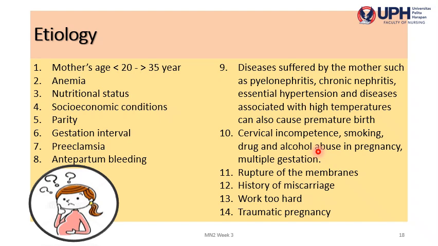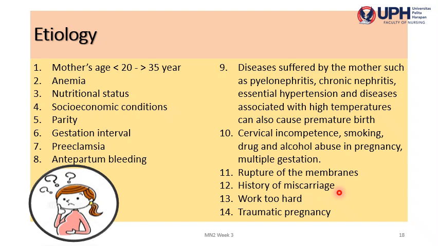Because of the multiple gestation, the babies cannot be contained enough inside the uterus, and that leads to the babies being delivered earlier than the term date. And there's also what we call rupture of the membrane. So the amniotic sac gets ruptured, and then it leads to the baby being born prematurely. As well as a history of miscarriage.